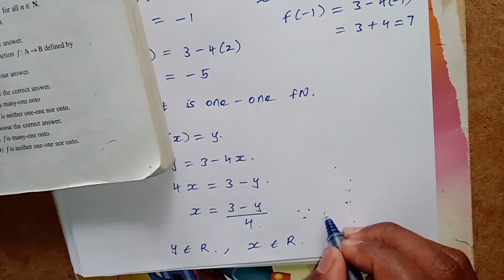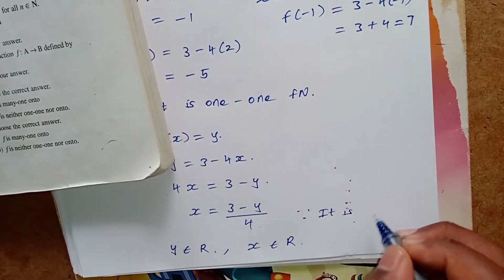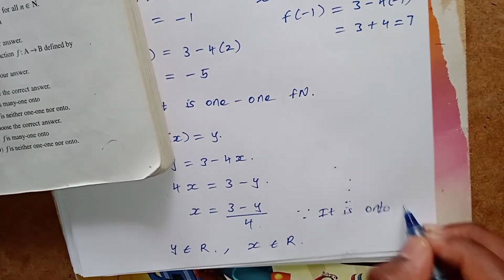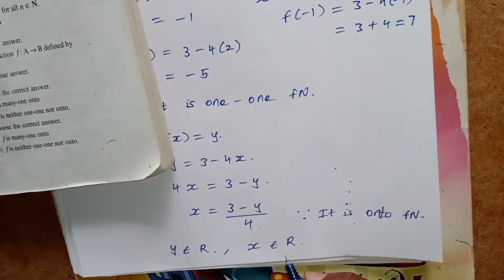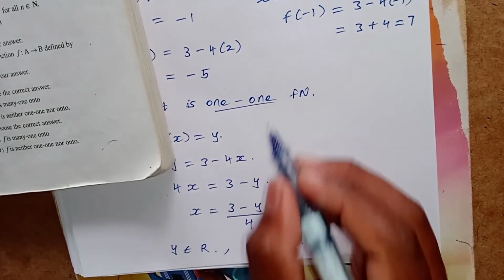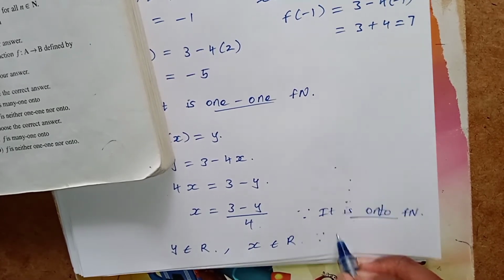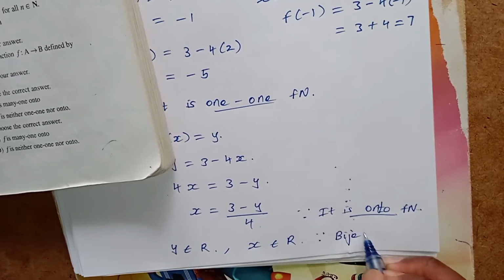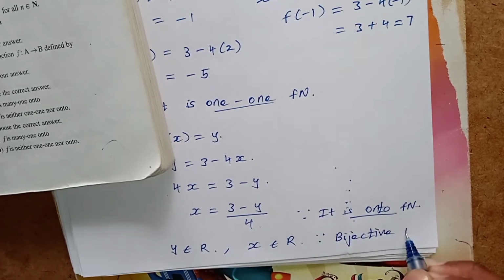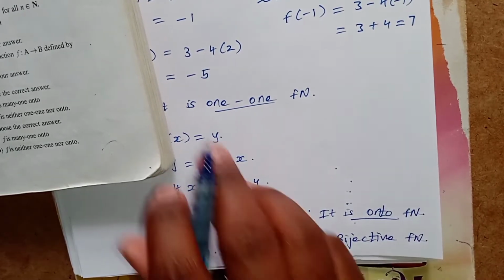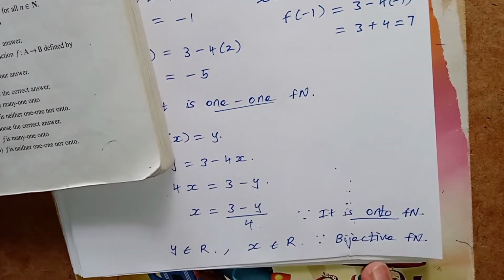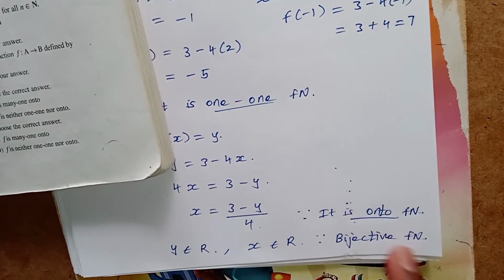Therefore, here it satisfies onto function. If it satisfies both 1-1 and onto, then it is bijective. If it satisfies 1-1 and onto, it is a bijective function.